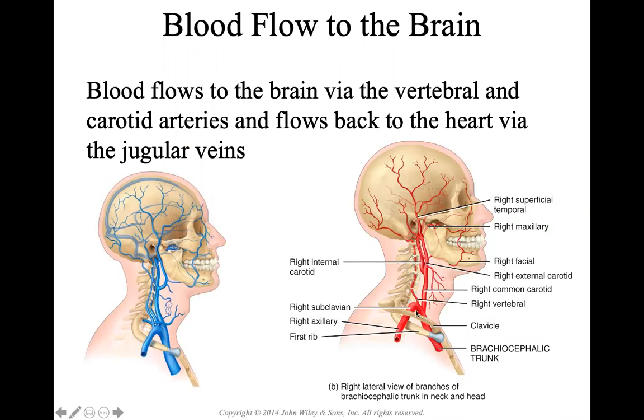And then off of some of those main blood vessels, we have the vertebral artery that goes up through the transverse foramen of the cervical vertebrae. And then we have the internal carotid that comes into the brain. So both the vertebral artery and the internal carotid artery are extremely important in bringing blood, sugar, and vital nutrients into the brain to keep it functioning.